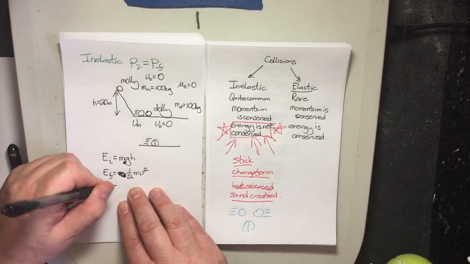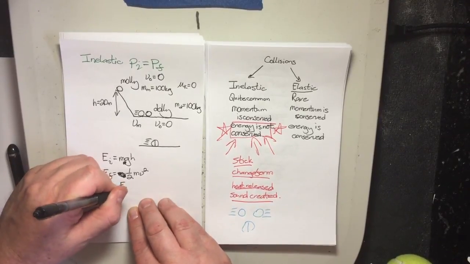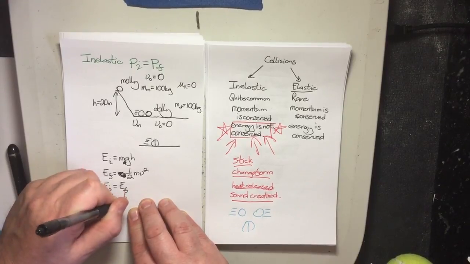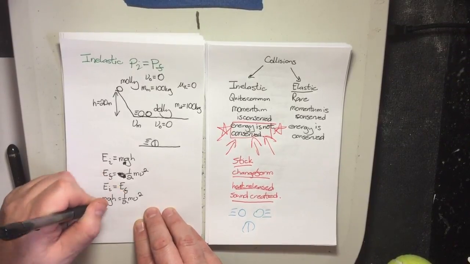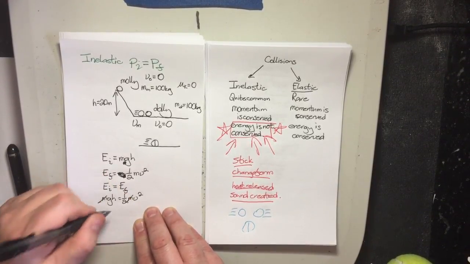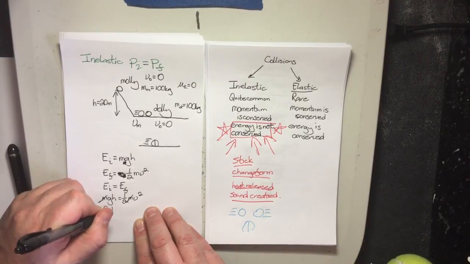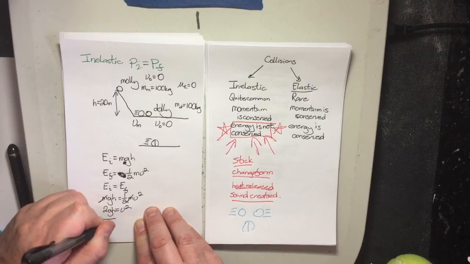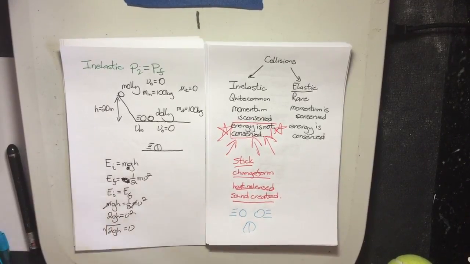So the energy at the top of the hill is the energy at the bottom of the hill. So the m's cancel, and we have 2gh is equal to v squared. Square root of 2gh is equal to v.